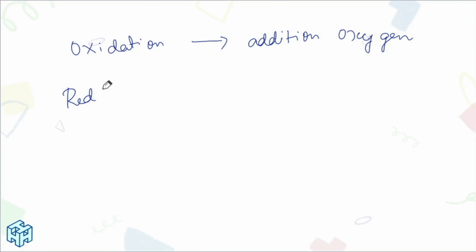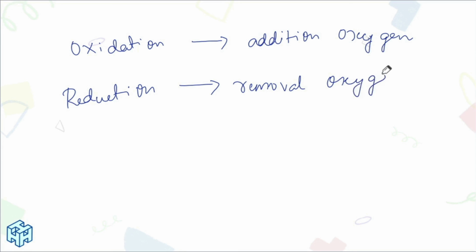Reduction, removal of oxygen. In your syllabus it's related to oxygen only. See, the shortcut is oxygen: oxidation, addition of oxygen; reduction, removal of oxygen. Are you able to understand?